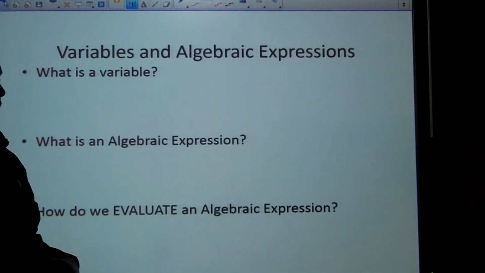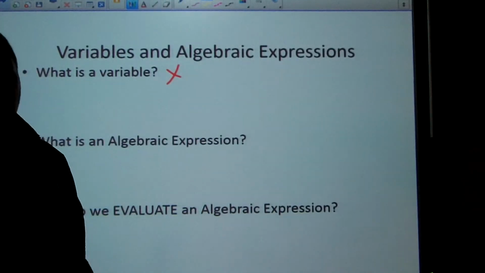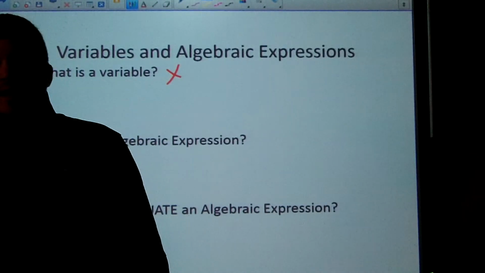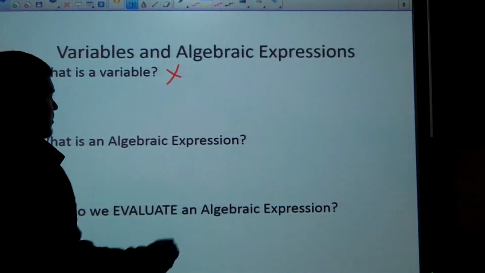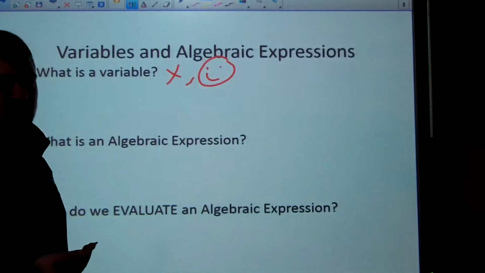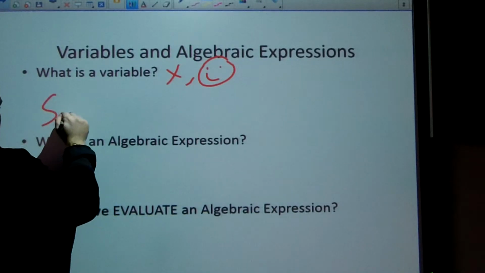So what's a variable? A lot of people just say a variable is x. Well, it doesn't have to be just x. It could be y, it could be z, it could be theta, it could be alpha, it could be anything. It could be a smiley face, whatever you want to do. So let's put a smiley face up here too. A variable is just something that represents an unknown quantity.